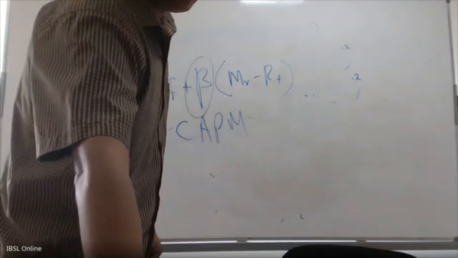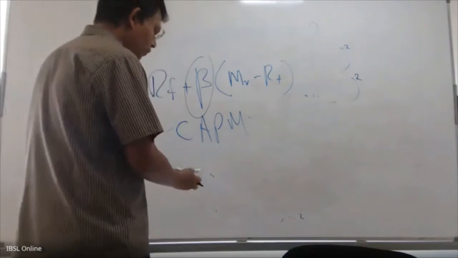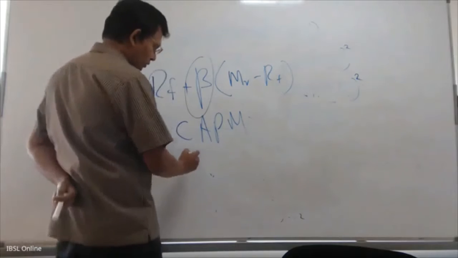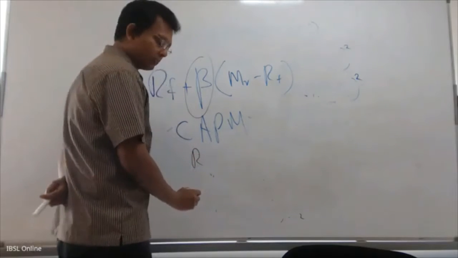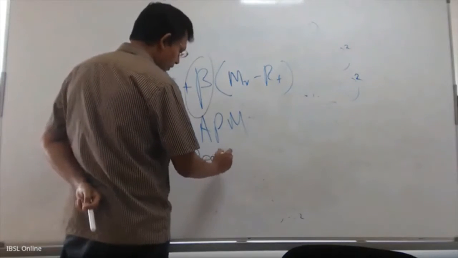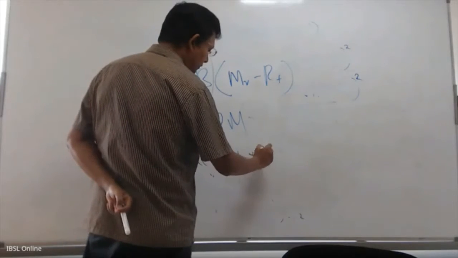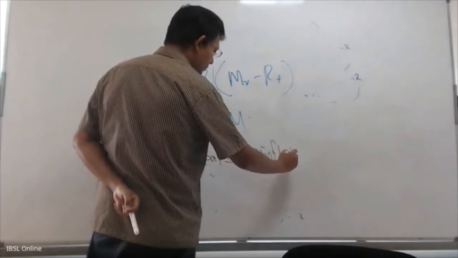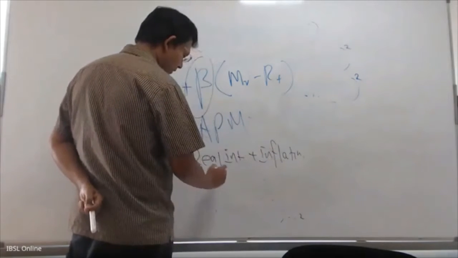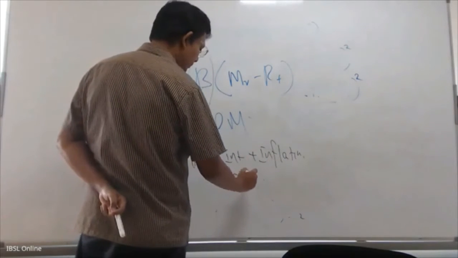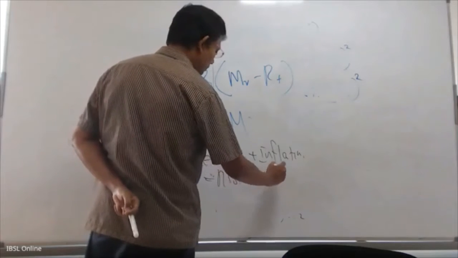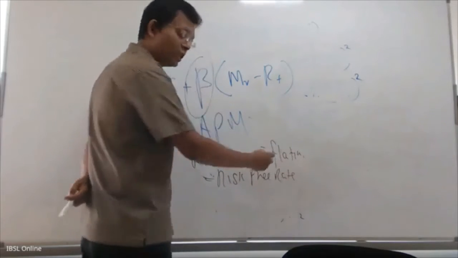Now a similar example. When you want the real interest rate, remember: real interest rate plus inflation. What is that? Risk-free rate, which is the treasury bill rate.